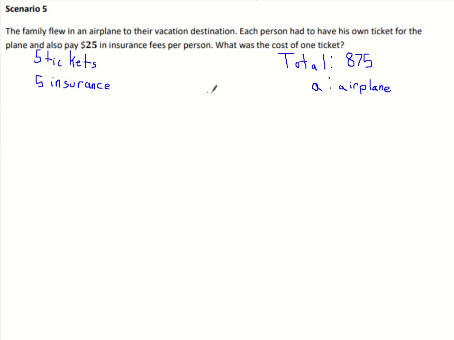Since both of our things are 5, I can use the distributive property here. 5 times the cost of my airplane ticket plus the $25 insurance fee is going to be equal to, and I forgot to write my equal sign, there it is, $875.